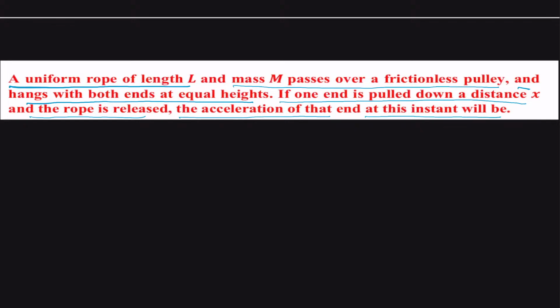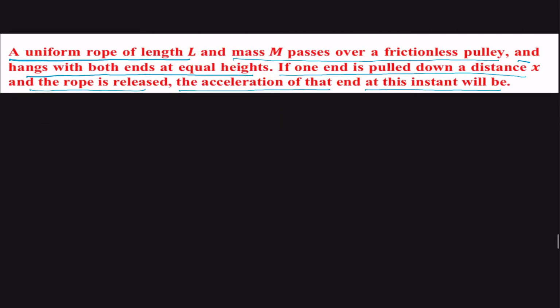So in this case, we can just draw an approximate figure, and we have a pulley, and that pulley is fixed, and across this pulley we have a rope. Okay, and the lengths of the rope are equal at both ends.